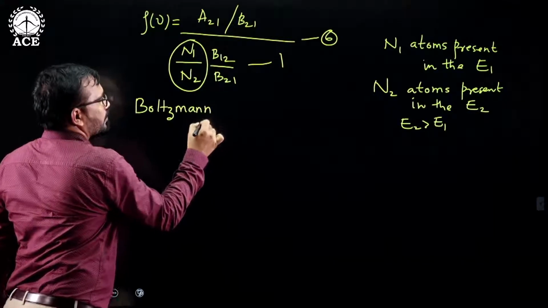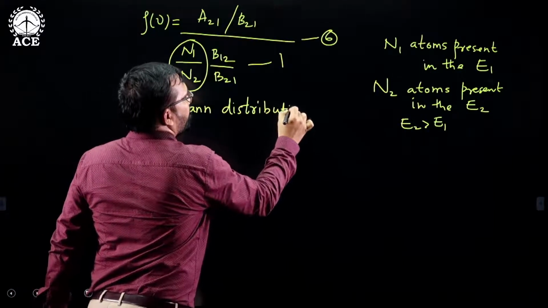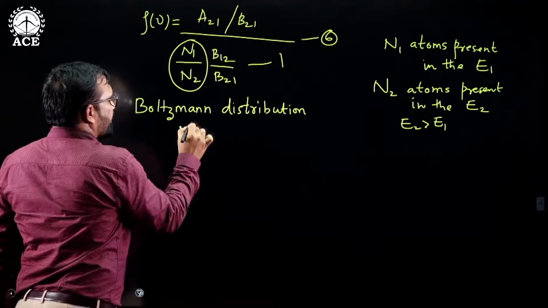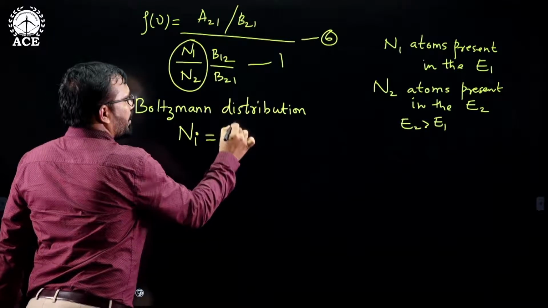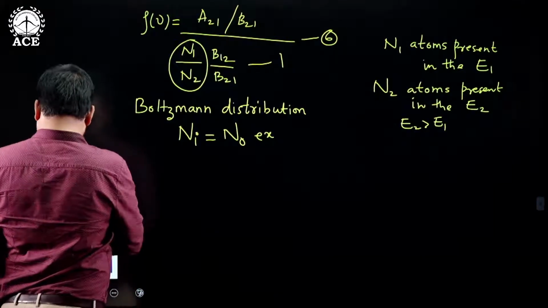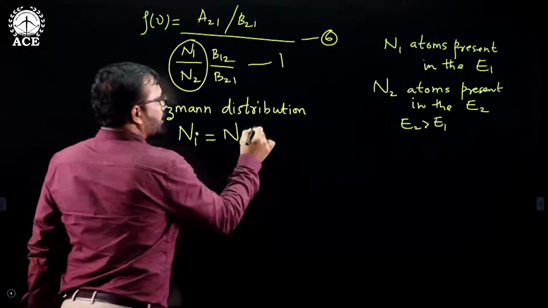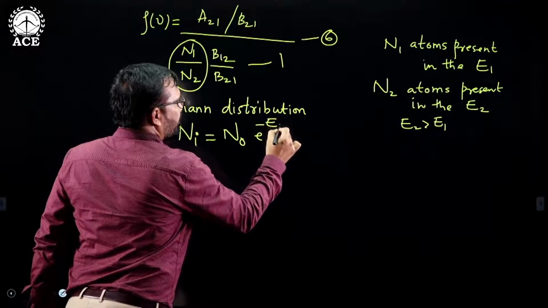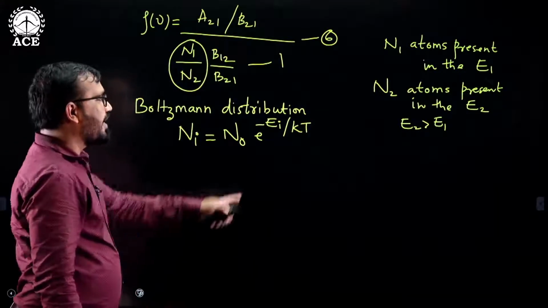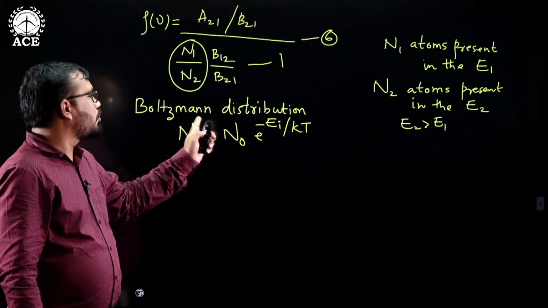So we have Ni is equal to N0 times exponential, or e power, of minus Ei by kT. Exponential and e power are the same. Here k is the Boltzmann constant. It is the Boltzmann distribution function.